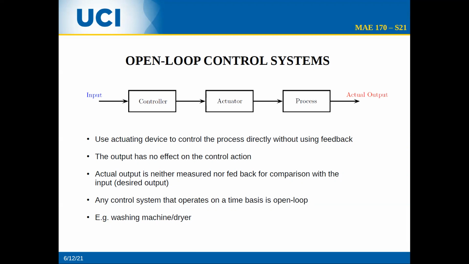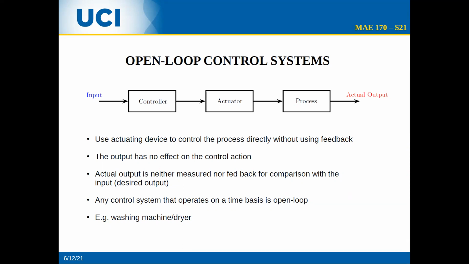So sometimes you just use open loop control systems. And another example of when open loop control systems are used is when the system, the process, is known very well.